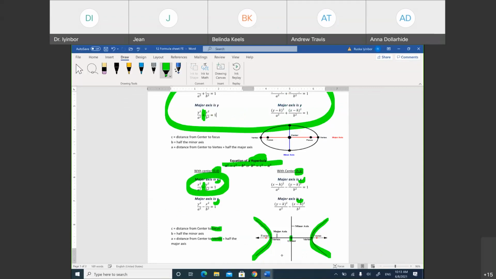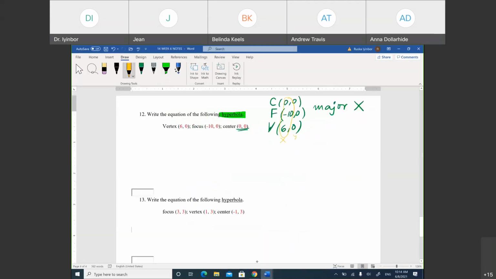I'm going to copy that equation, and that's going to be my answer: x squared over a squared minus y squared over b squared equals 1. Make sure you copy everything, and the minus in the middle between the fractions.